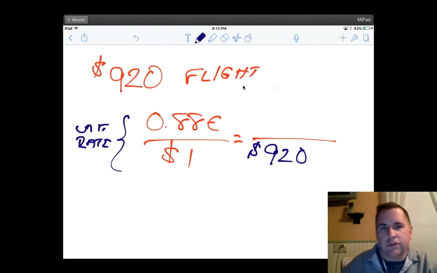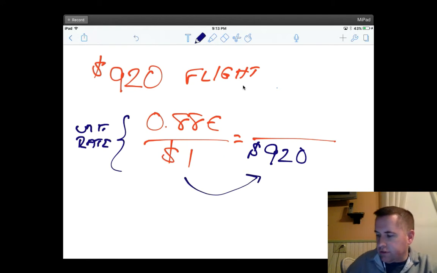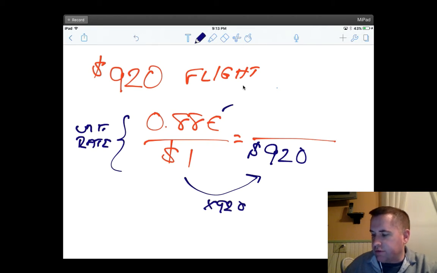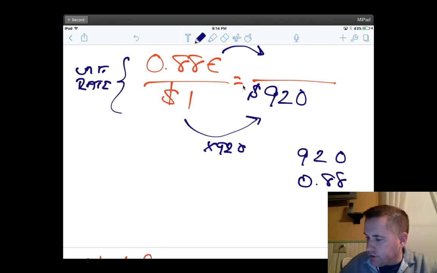So $1 to 920 using multiplication, multiplied by 920. If we multiply the bottom times 920, we're going to multiply the top times 920. So to find out our price in euros for our flight, 0.88 times 920.